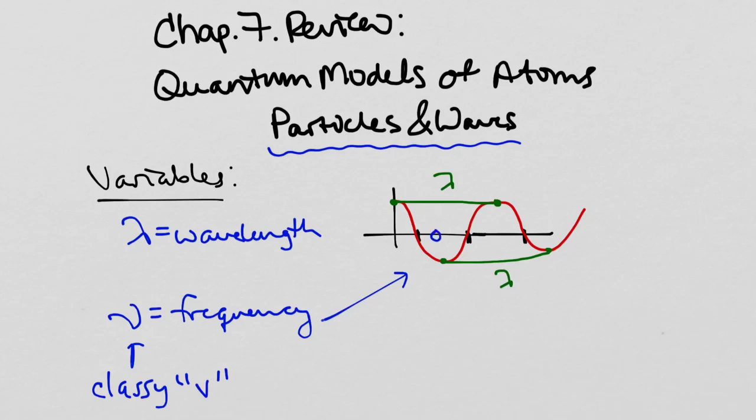How many times, or how quickly does the wave pass that specific point? And actually, this is another way of basically saying the velocity of the wave, which is why it kind of looks like a V. It makes some sense when you get in there.